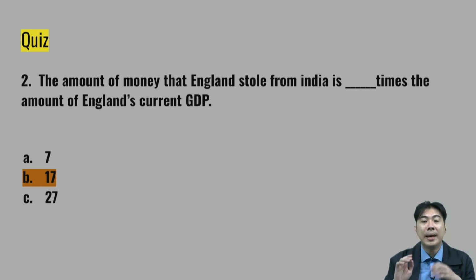So imagine how rich England is now, times 17. That is how rich India was. India was very rich, until England took away most of its money.